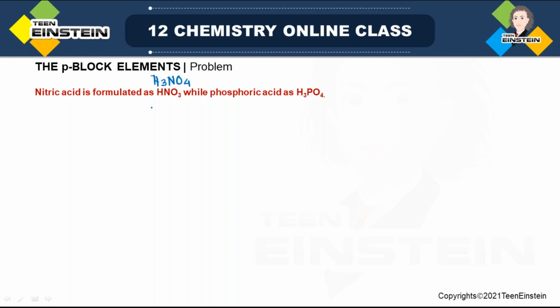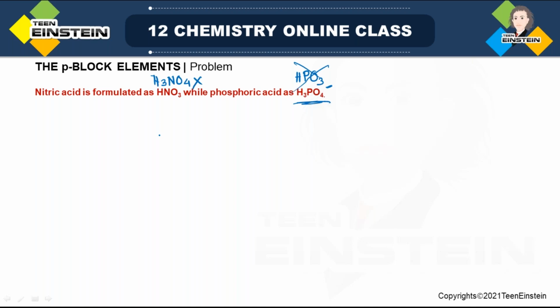This type of formula does not exist. And if you consider phosphorus, the acid does not exist like HNO3, that is HPO3. Though this type of molecule you can exhibit, H3PO3 is more common. But why is it not existing? That is the reason we have to understand.